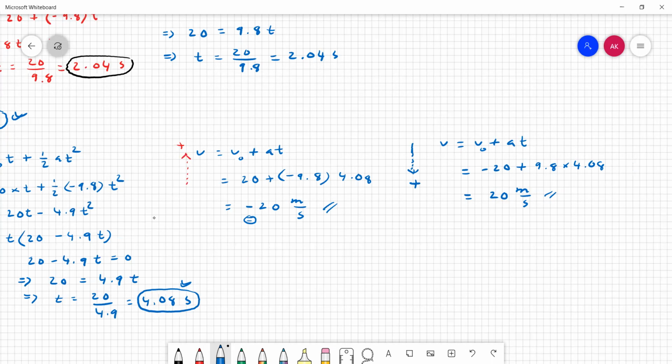You said you gave us two cases, one going up and one going down. I need to clarify: nothing is going up or down, it's the coordinate axis.